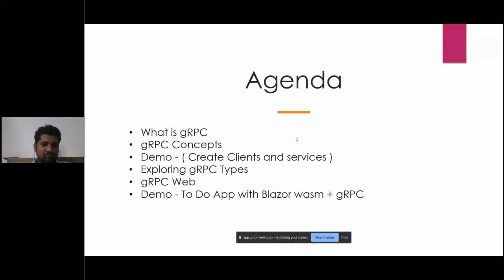Let's have one demo application, creating the services as well as the client. Next, we'll explore the gRPC types. Then we'll see what is gRPC Web, and have a demo app with Blazor WebAssembly, and as a backend we will use gRPC. This will be completely in .NET Core.